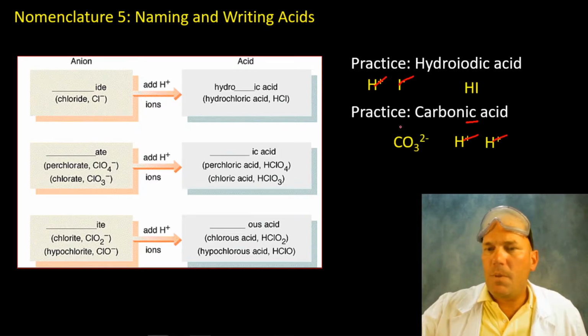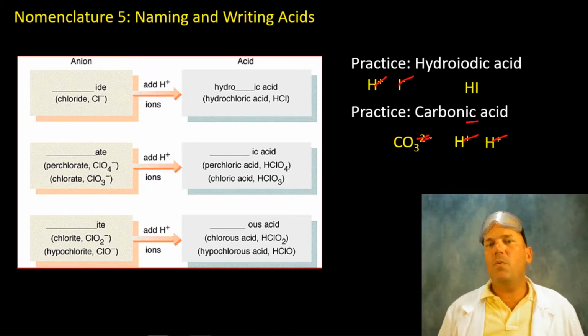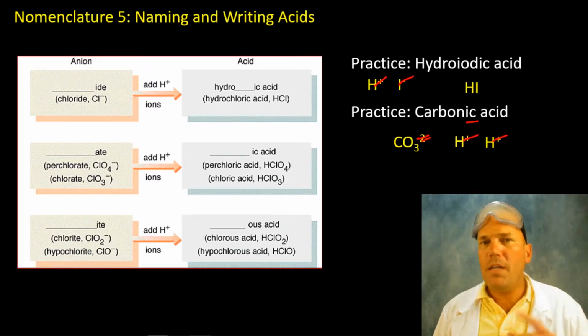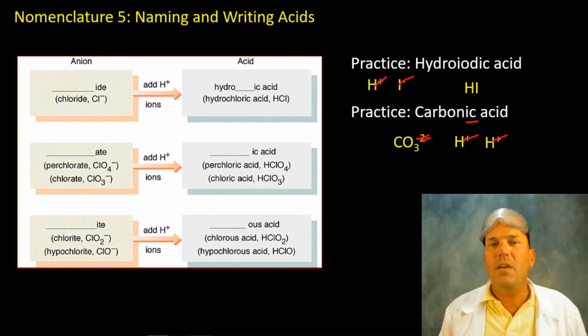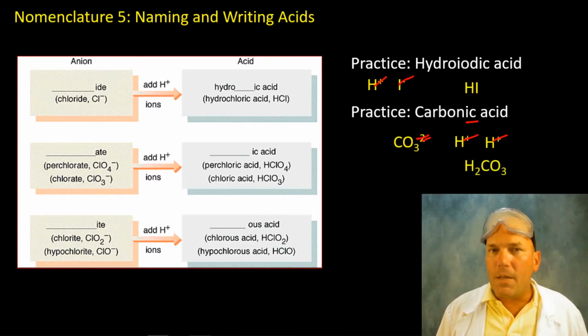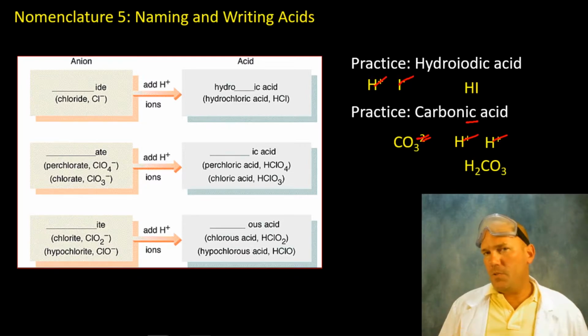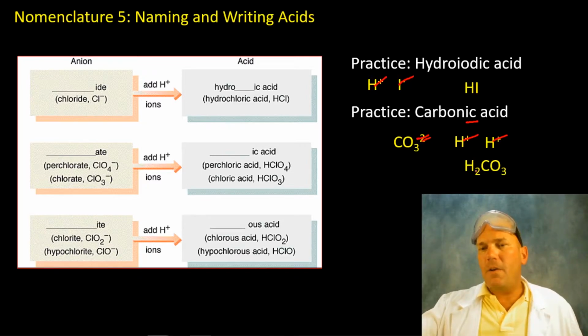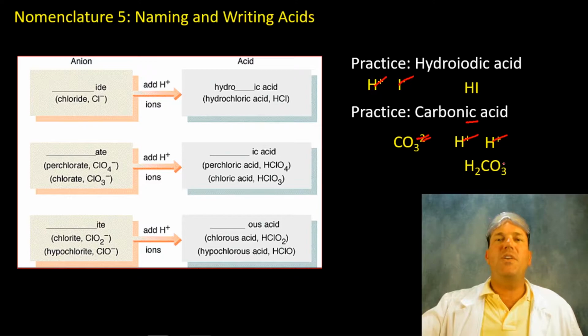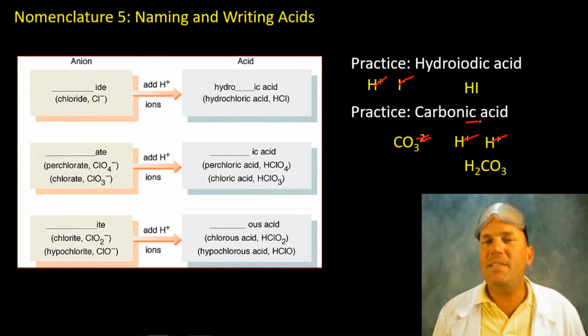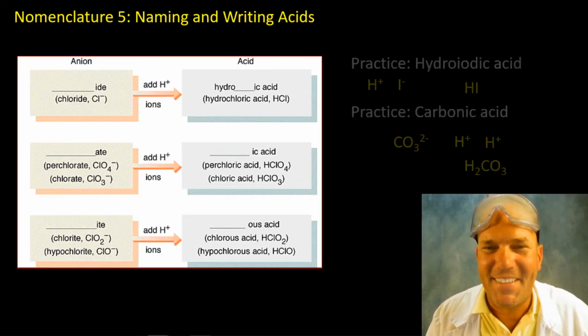So these 2 positives would balance out those 2 negatives. So we're going to have a diprotic acid here. And the correct formula is shown on your screen. In an aqueous environment, H2 subscript, CO3 subscript. This is carbonic acid.